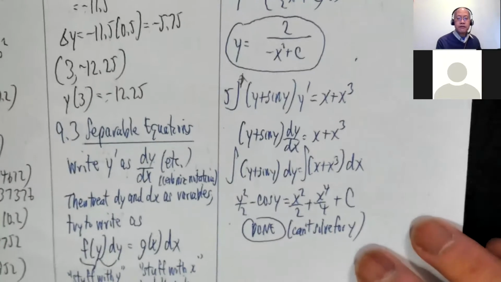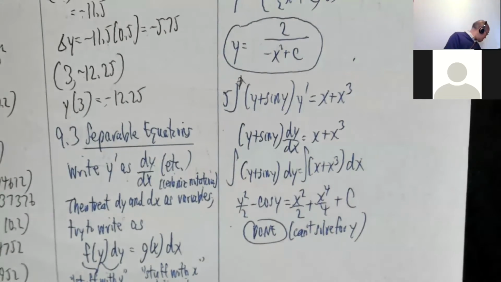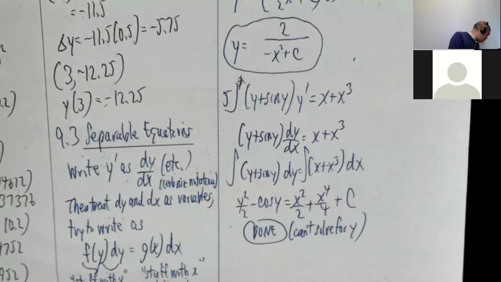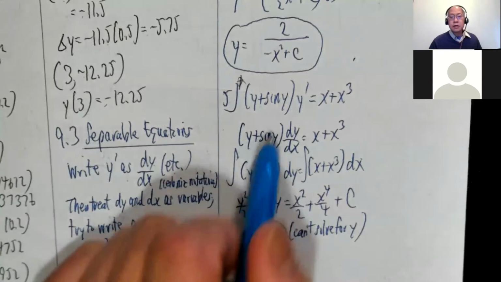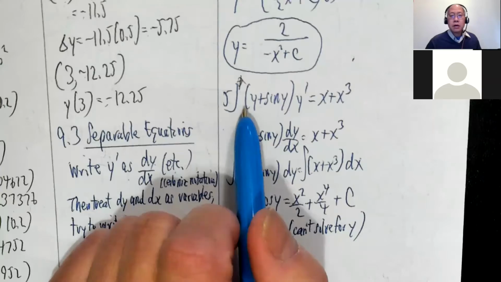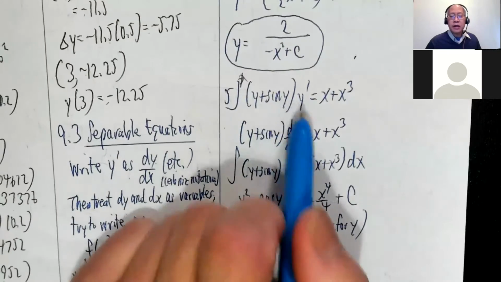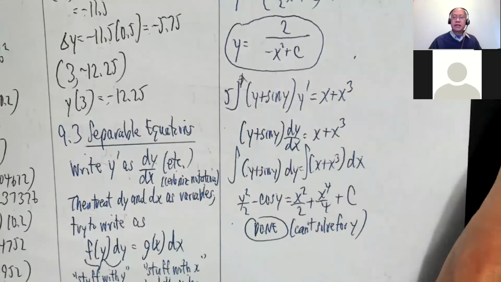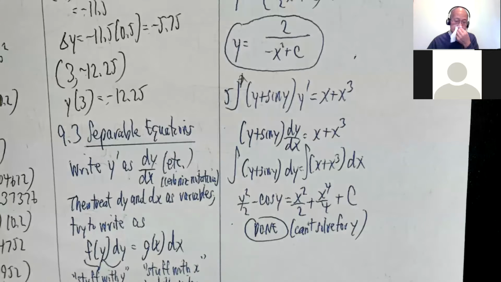All right, I'm going to show you 5 star, which I notice is not the same as our 5, but again, it's close. y plus sine y, y prime equals x plus x cubed. Okay, so in some sense, this is kind of easy in that you already have all the y's on one side and x on the other side, except for the y prime.